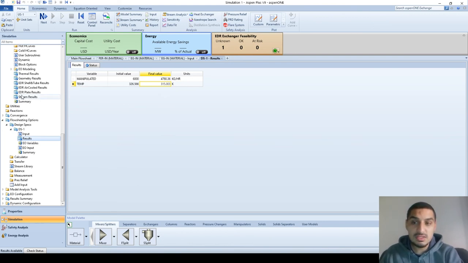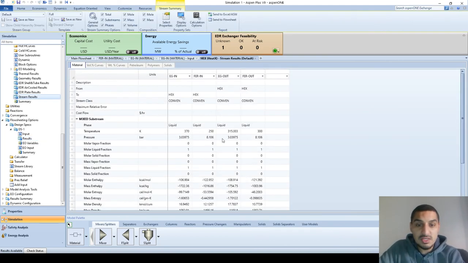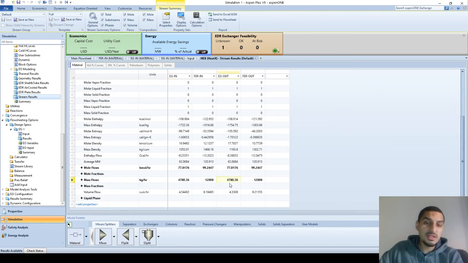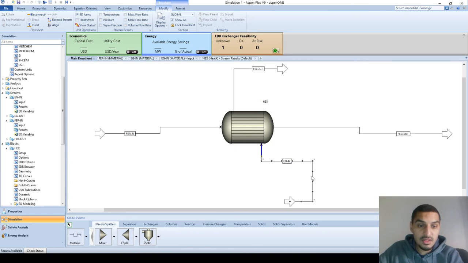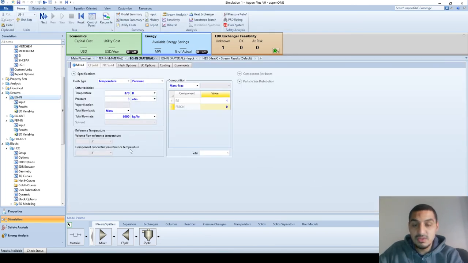For instance, if you open the stream results of the heat exchanger, you would see that the flow rate is 4,780.36, although it still keeps the input that I have here as the flow rate of the ethylene glycol, the 6,000. So the number from the design spec is overriding this number. It didn't change it because I didn't change this value from here, but it is using this new value as the flow rate entering the heat exchanger.